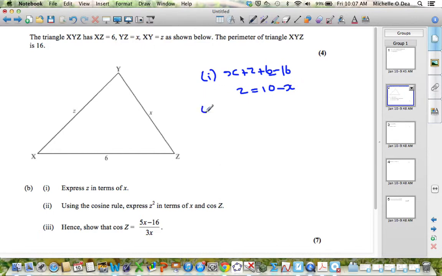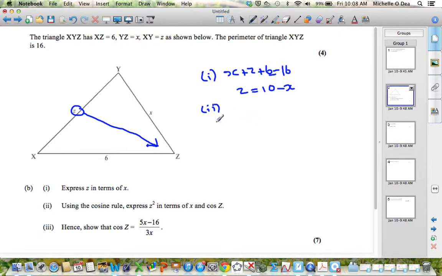Part 2 asks us to use the cosine rule to get an expression for z squared in terms of x and cos z. So we want it to say z squared equals, and so therefore we use the opposite angle there. We use the z.